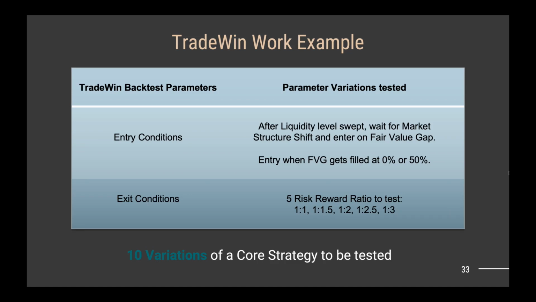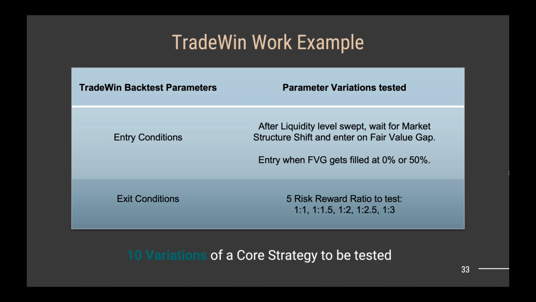But what about the parameters themselves? Here, without getting into details, the entry conditions were: after a liquidity sweep, wait for a market structure shift and enter on the fair value gap. Fine, this is perfectly clear.